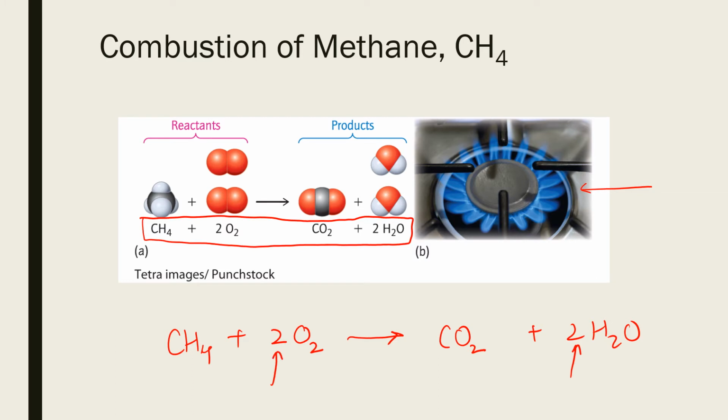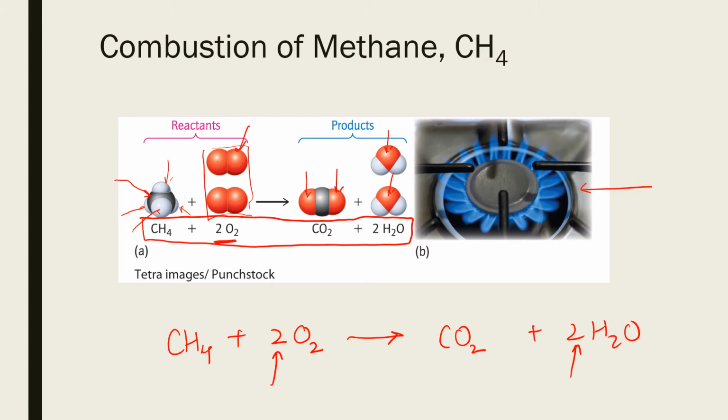So now if we think about it, in CH4 we have one carbon atom, so the black sphere represents carbon atom, and four hydrogen atoms. Each white sphere represents hydrogen atom. We have two oxygen molecules, so each red sphere represents oxygen. So total we have four oxygen atoms, right? So in the product, if you count, we have again 1, 2, 3, and 4 oxygen atoms.